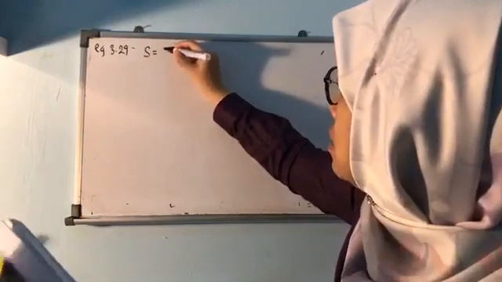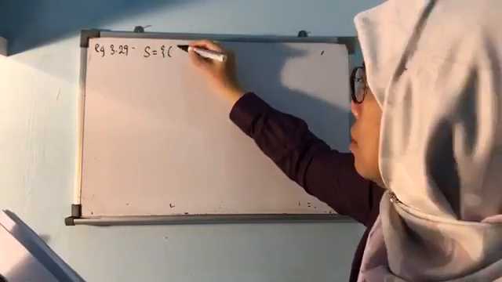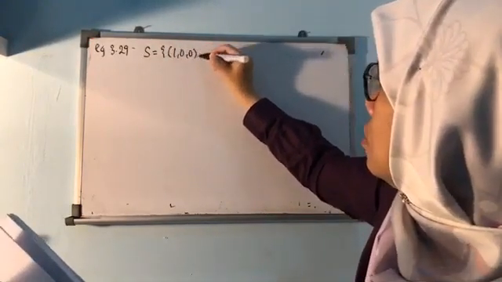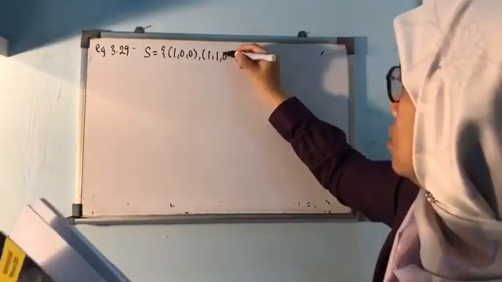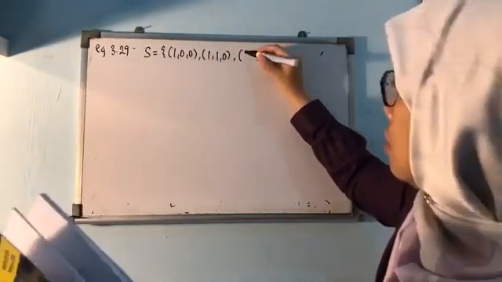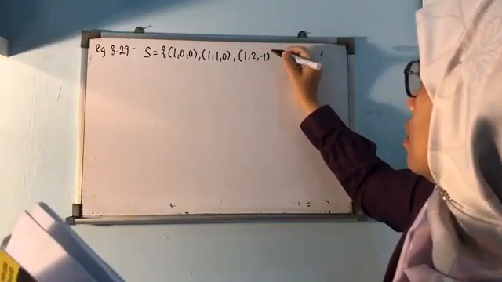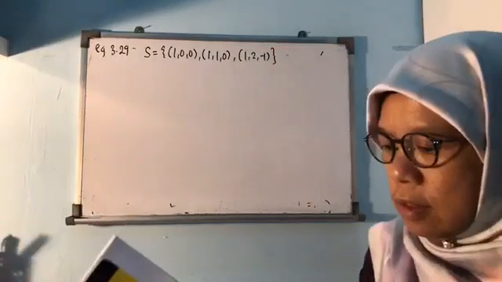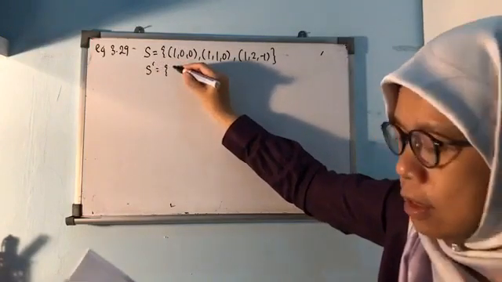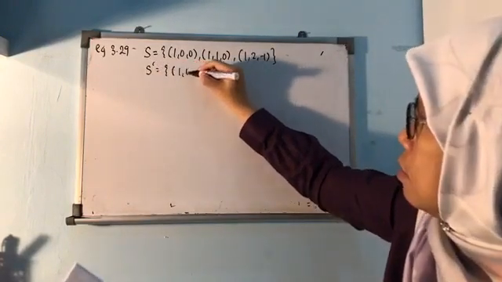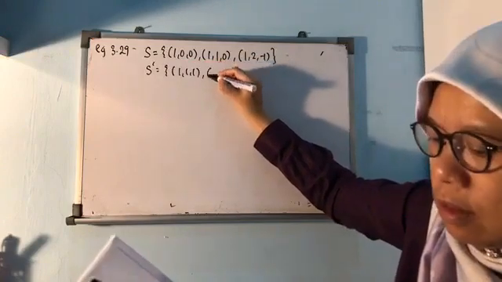Now S is 1 0 0, 1 1 0, 1 2 negative 1. This will be given in the question. And S prime is 1 1 1, 0 1 0, 0 0 2.